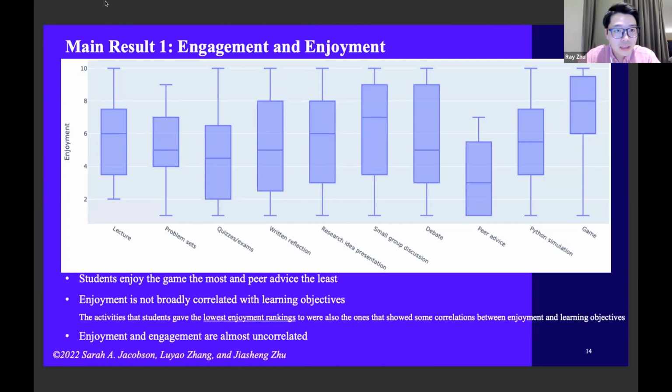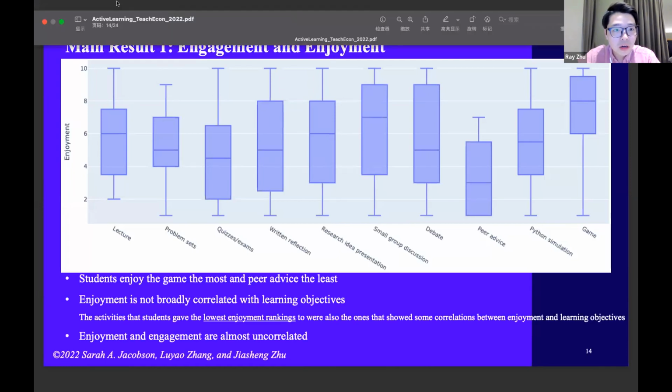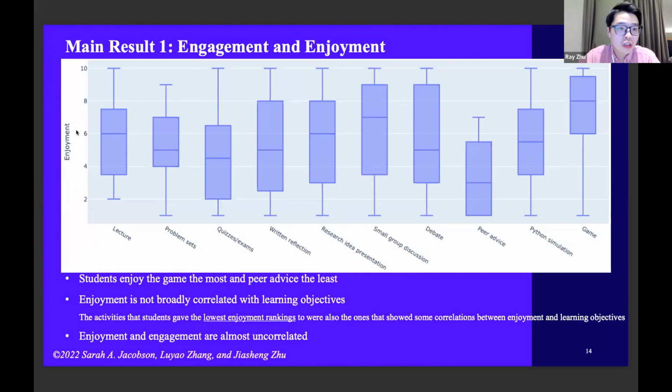This is a box plot of the enjoyment level across the 10 different learning techniques. We can tell from the graph that students enjoy games the most and peer advice the least.